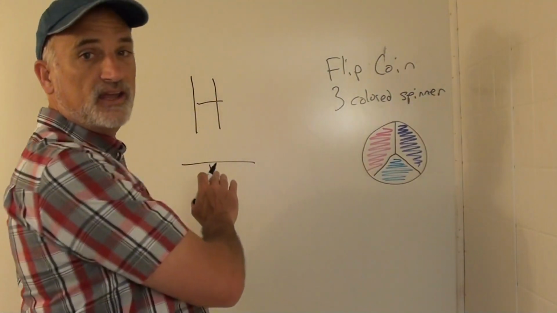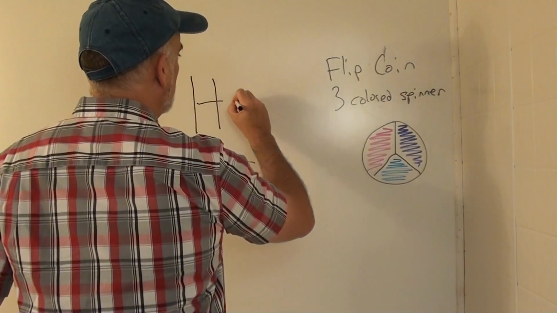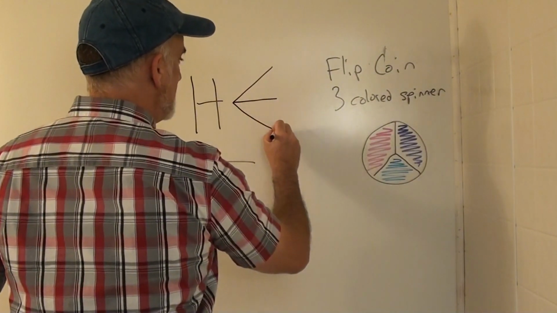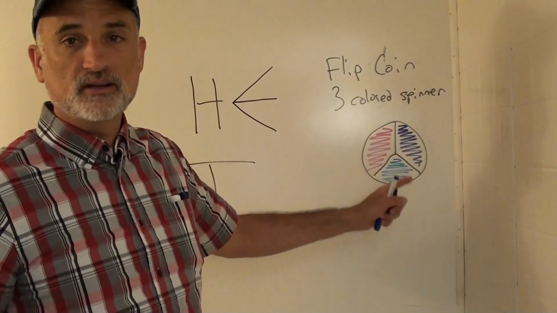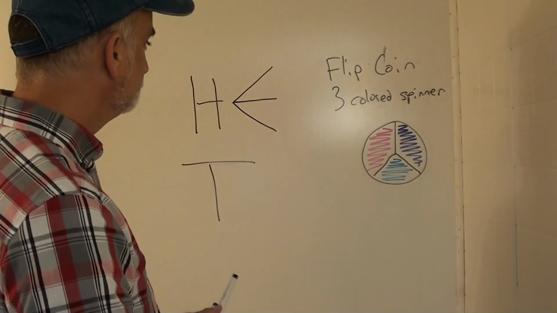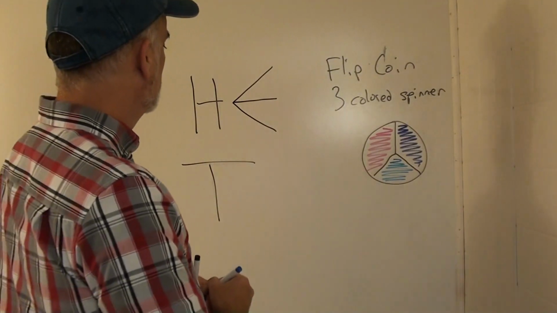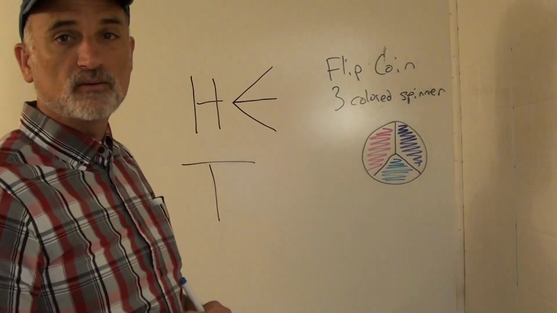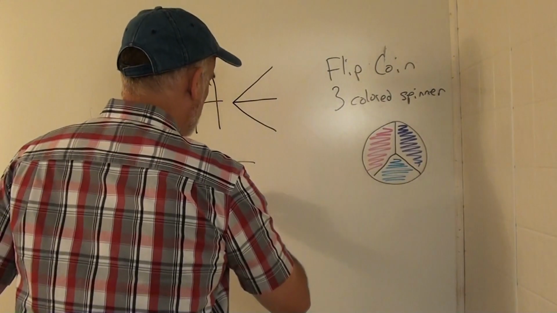So if we get a heads, then we can have 3 outcomes because we have 3 colors. Okay? And then in the tails, we could also have 3 outcomes.